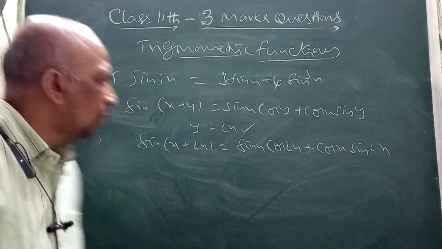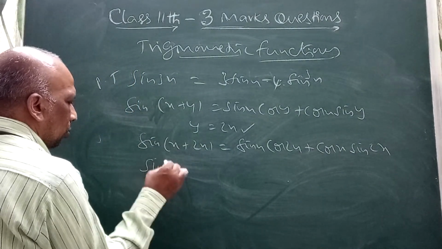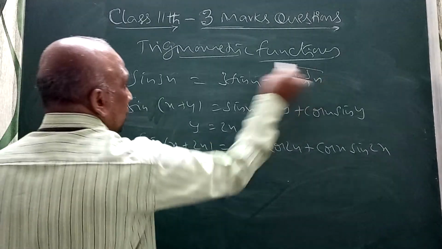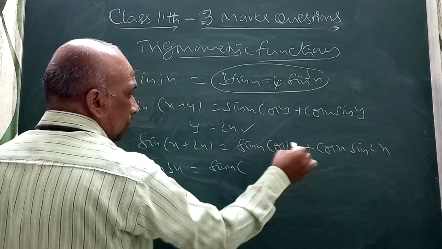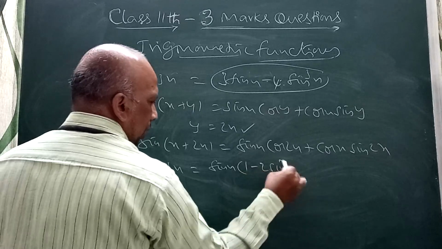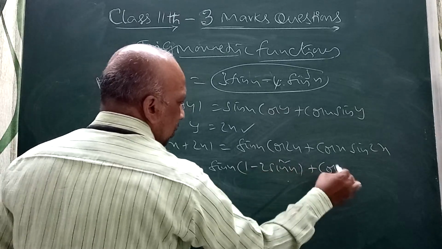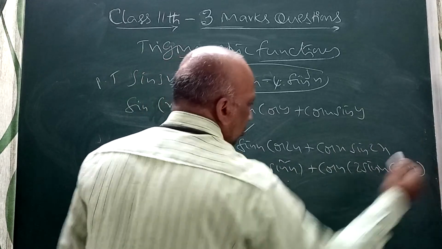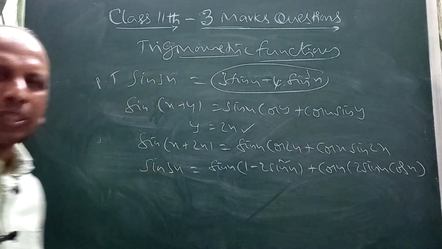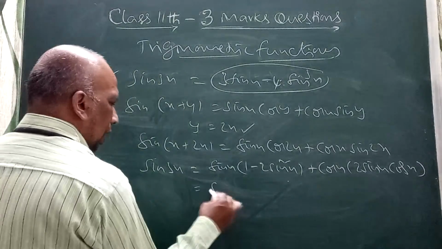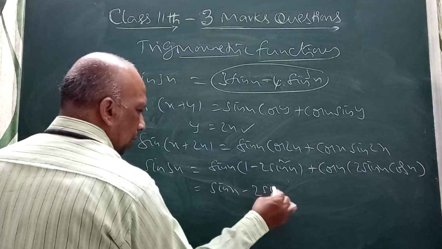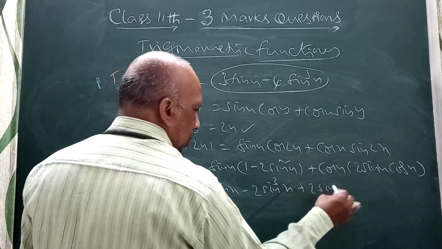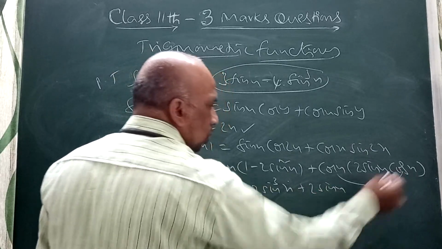Now you can write sin 3x equals sin x into cos 2x. Since I want everything in terms of sin, cos 2x is 1 minus 2 sin square x, and cos x into sin 2x, where the formula for sin 2x is 2 sin x cos x. Then I can write sin x minus 2 sin cube x, plus 2 sin x into cos x into cos x, that is cos square x.